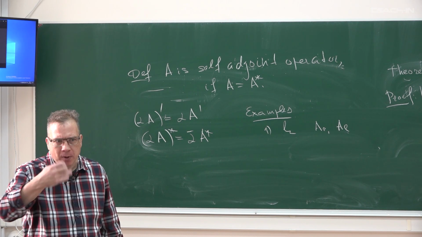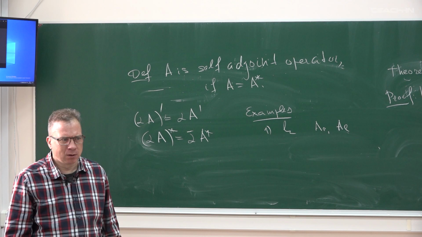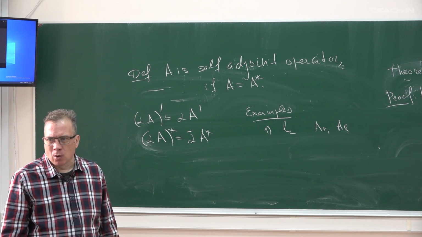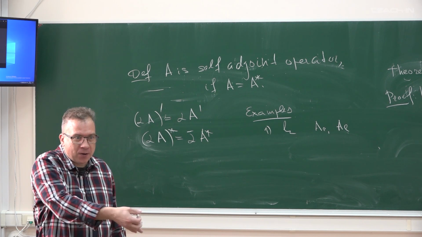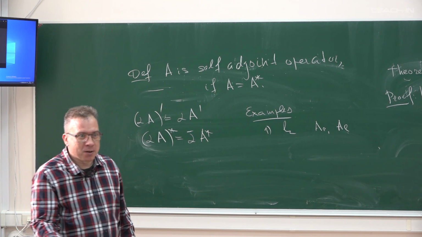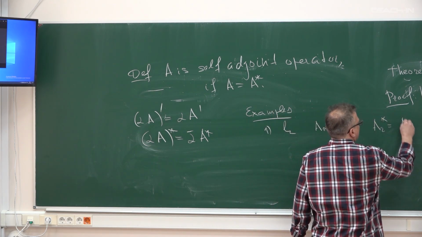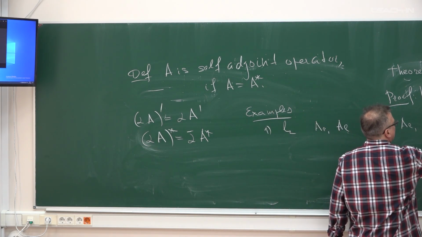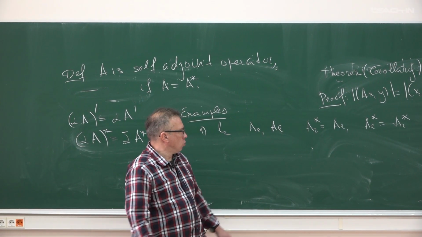I use the typical notations for them. What can you say about finding the adjoint? Yes, the answer is that the adjoint of the right shift is the left shift, and the adjoint of the left shift is the right shift.